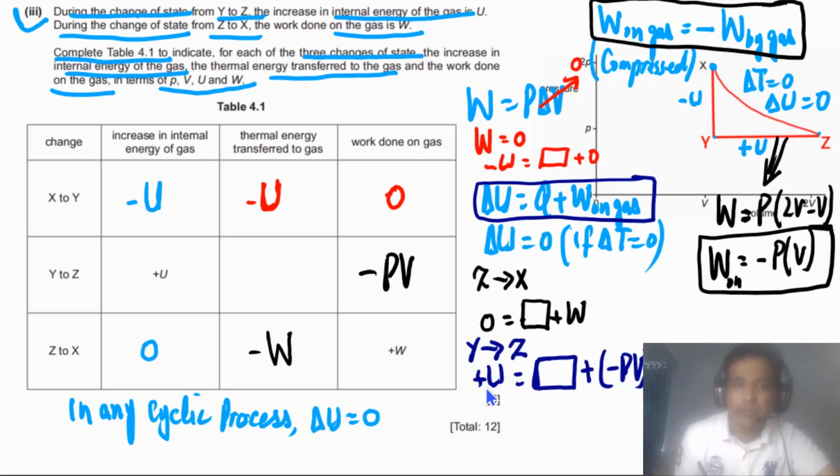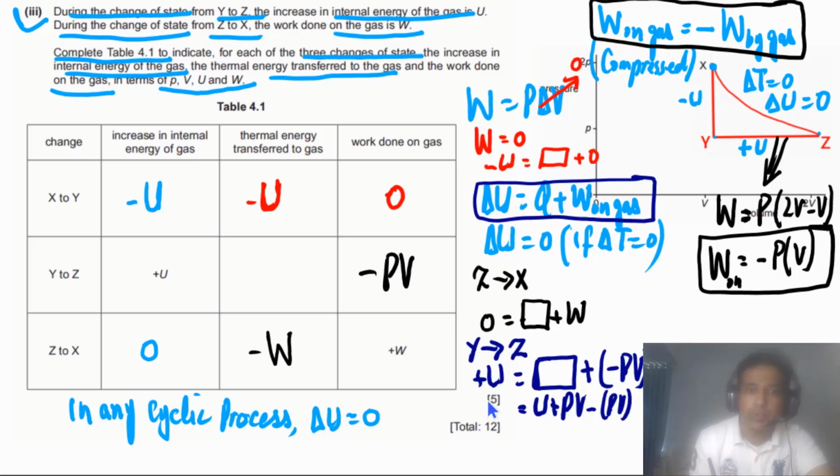So Q should be equal to U plus PV, because the PV has to cancel. Now you can see on both sides we have U, so this is cancelled. So what is Q here? U plus PV.